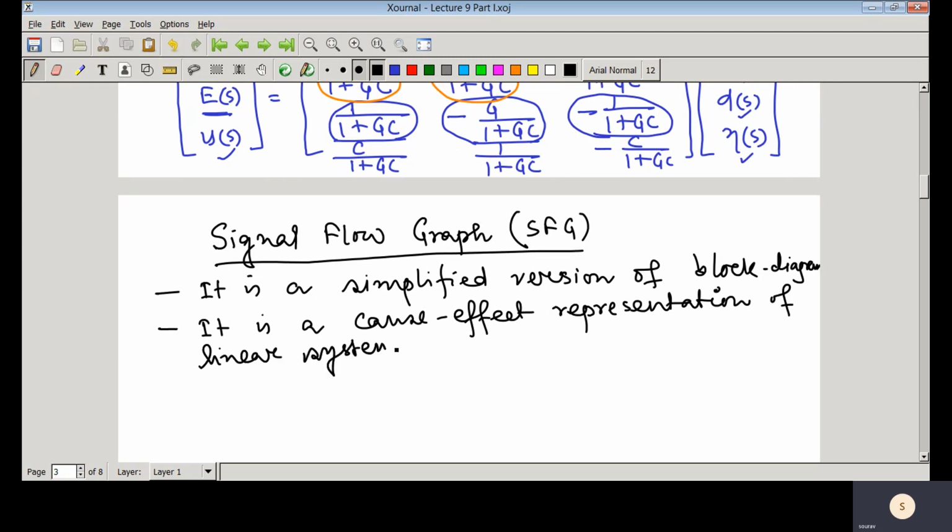You should remember that it is applicable to linear systems only, modeled by algebraic equations.